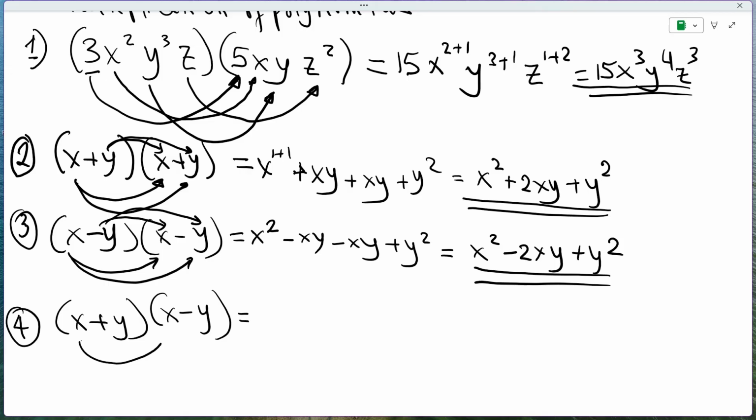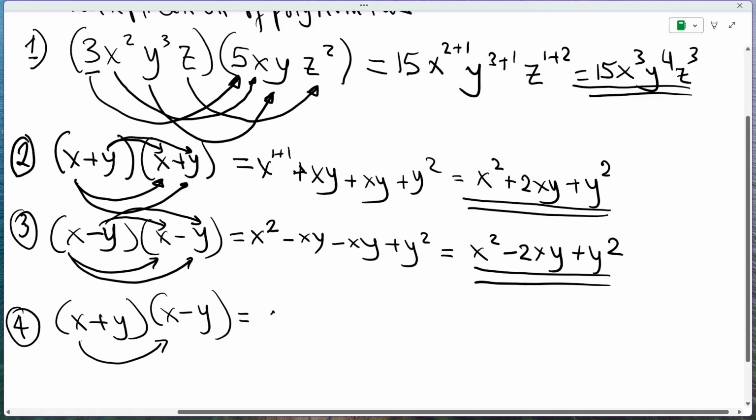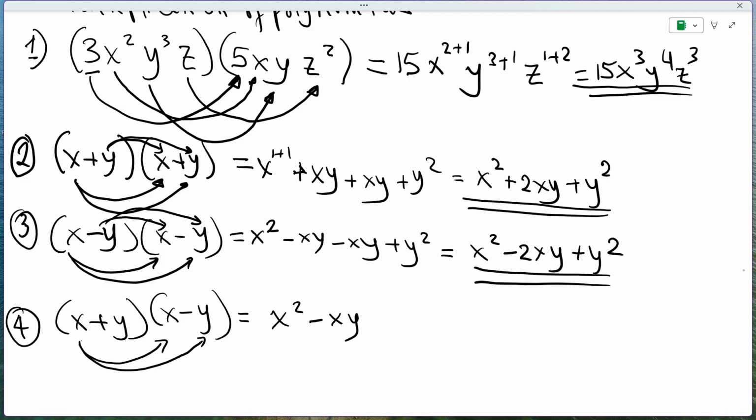So here we have x times x, and this is x squared, and then x times negative y is minus xy, and then we have here y times x, and this will be positive xy, and then y times negative y, which will be minus y squared.